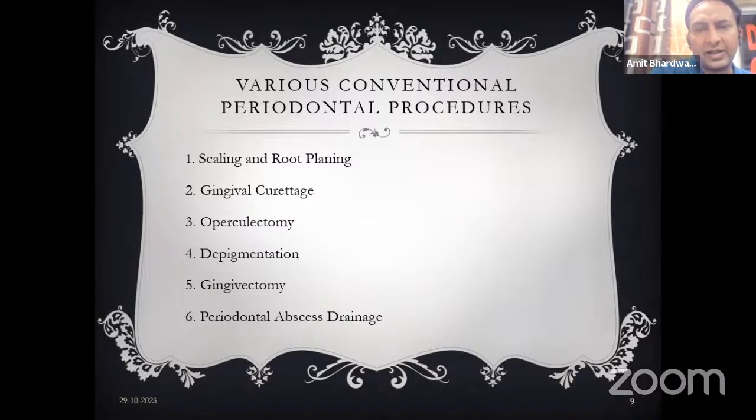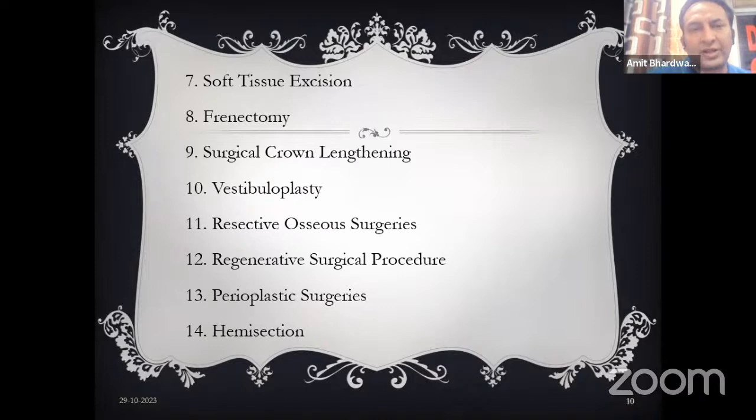So they are scaling and root planing, gingival curettage, operculectomy, depigmentation, gingivectomy, periodontal abscess drainage, soft tissue excision, frenectomy, surgical crown lengthening, vestibuloplasty, resective osseous surgeries, regenerative surgical procedures, periodontal plastic surgeries, and hemisection. So these 14, 15 procedures are very commonly advisable in your day-to-day practice.